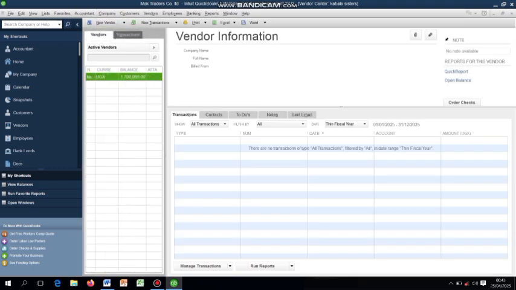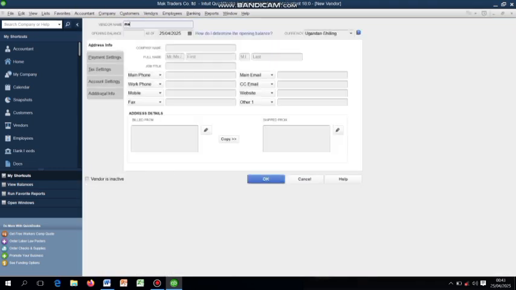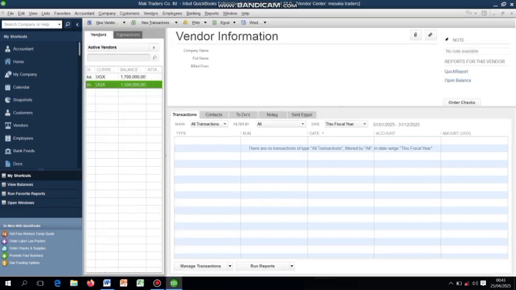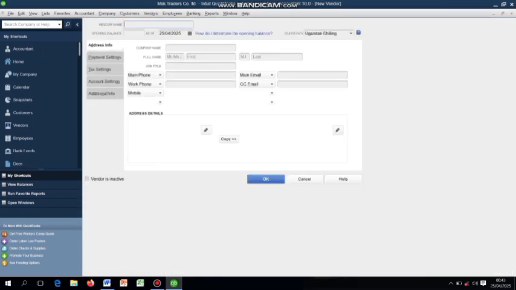Then I add a new vendor. That's Massacre Traders. His opening balance is 1.5, as of the date. And don't forget to check the currency. Then you come to OK. Because other details were not given to us, we shall add our last vendor, Madra Importers.